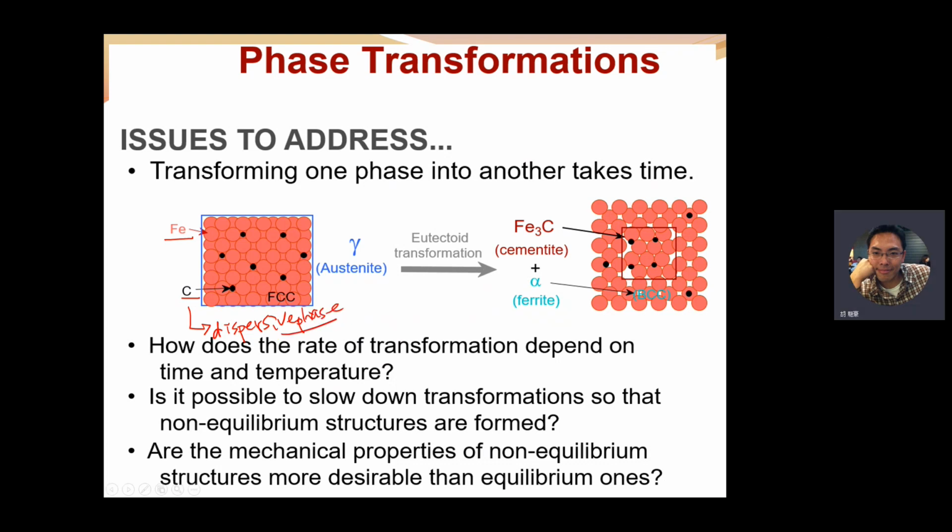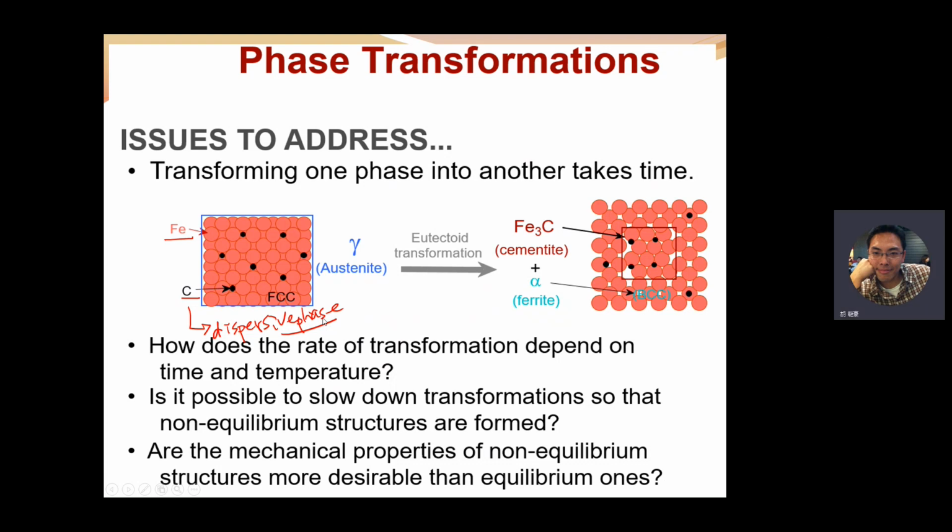And what's the property of this disperse phase? It's hard and brittle, right? And what's the function? It's to strengthen its mechanical strength, right? So this disperse phase can enhance the mechanical property of this alloy or metal.